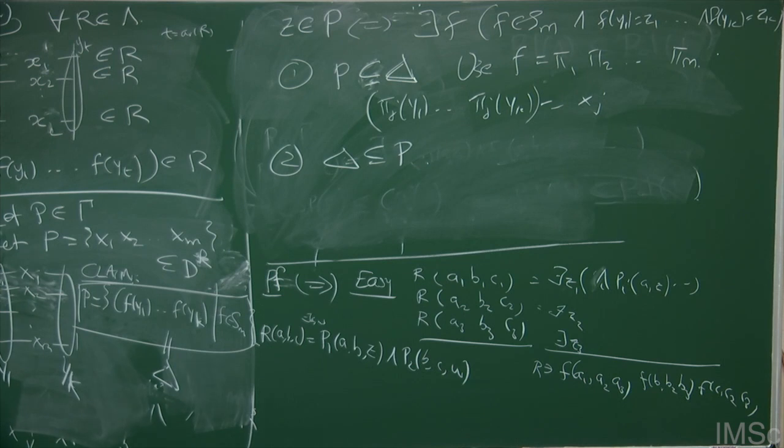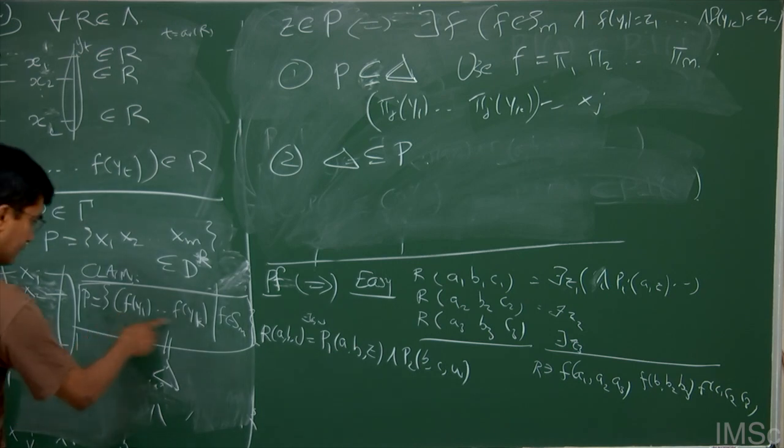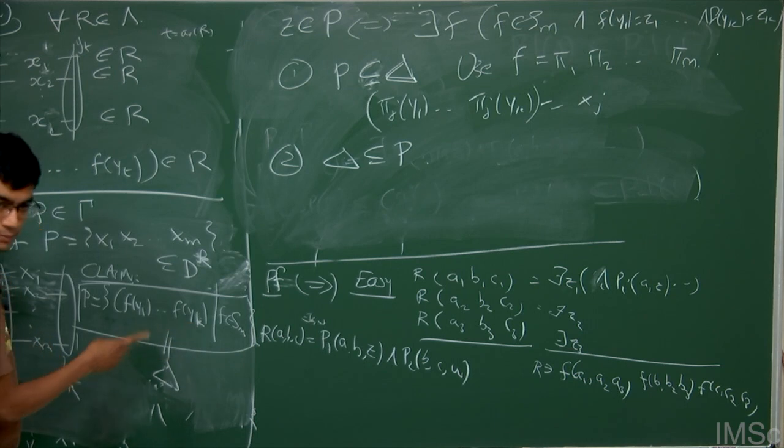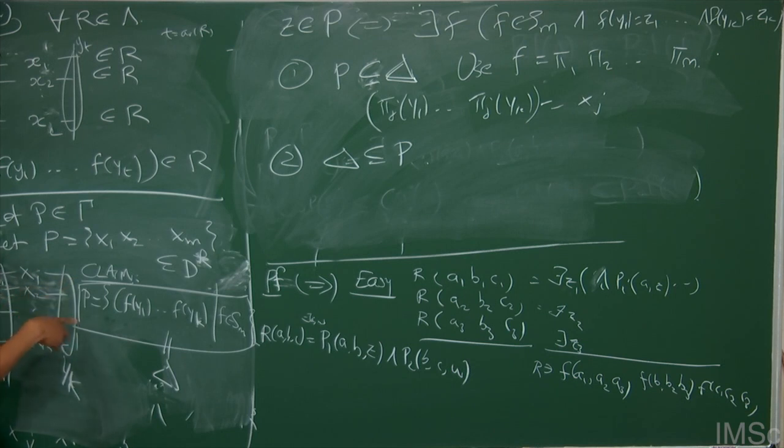I know that f is a polymorphism of lambda, and therefore it is also a polymorphism of gamma. And therefore whatever y1 through yk may be, whatever this f may be, these rows definitely belong to P. In fact, they are all of P.